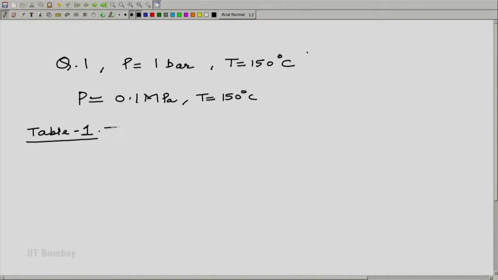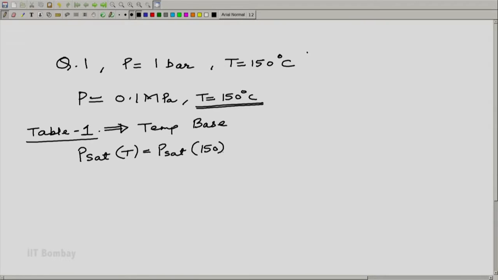And in table 1 we know that temperature is a base. So, let us go to table number 1, go to T is equal to 150 degree centigrade and get a value of P sat T, that means P sat at 150 degree centigrade.